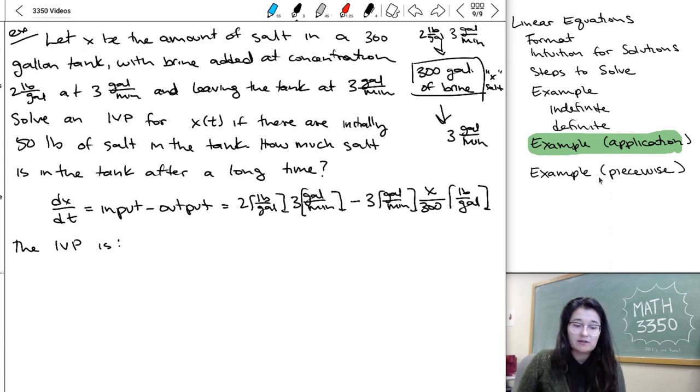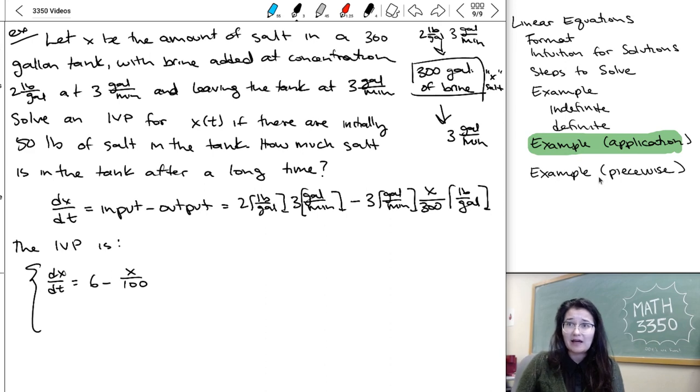And so once we have all that, we can turn this into an initial value problem where we've got a differential equation. We just wrote it down. It's going to be 6 minus x over 100. And then the initial condition was given to us in the problem. I just hadn't written it down yet. We're told that there are initially 50 pounds of salt in the tank.